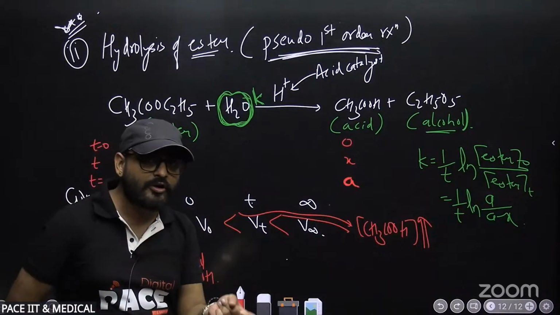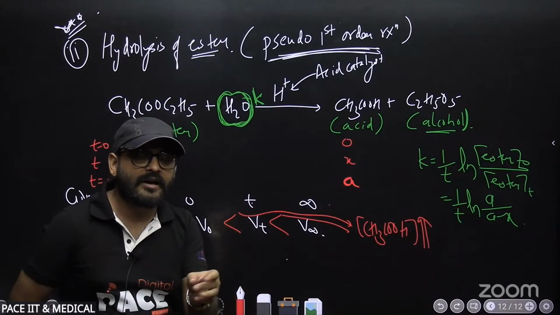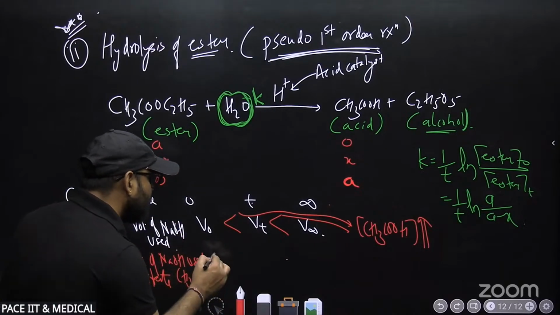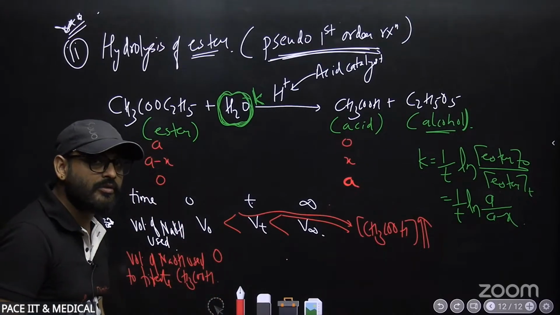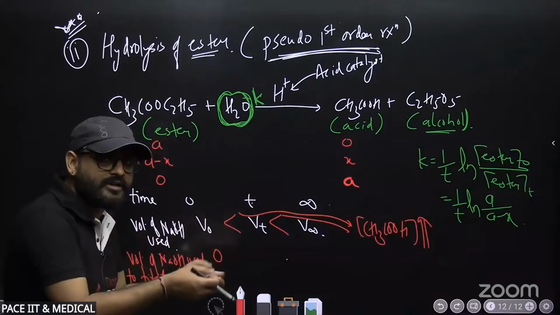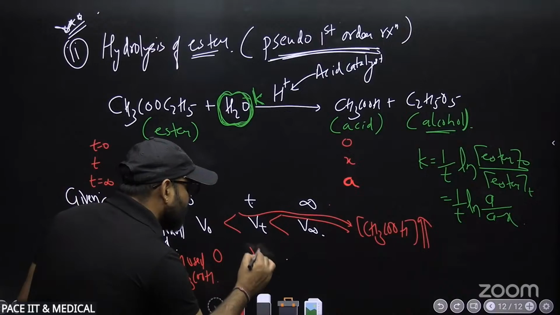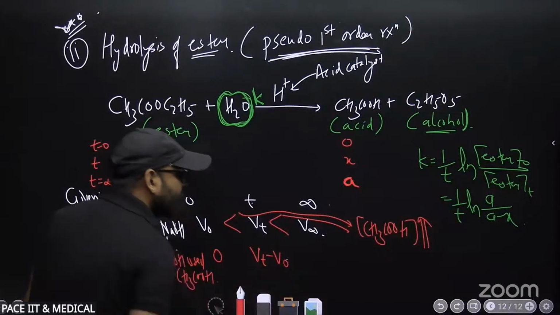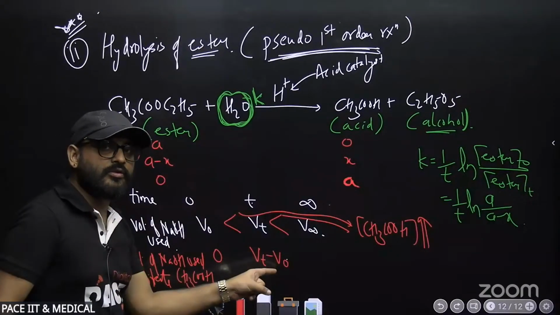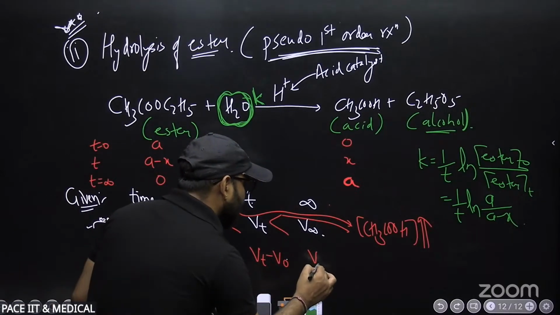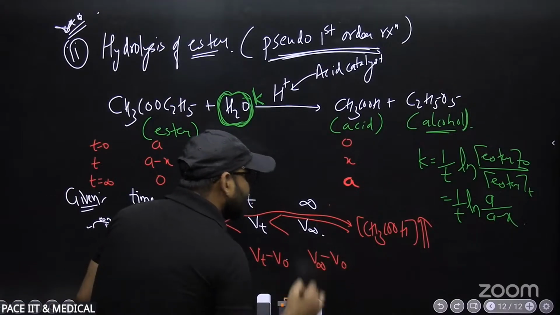So the remaining volume is used for titrating CH3COOH. What is the remaining volume? Here the remaining volume is 0 because the whole V naught is used to titrate H plus. Then here it is Vt minus V naught, because V naught is going to titrate the catalyst. Here it is V infinite minus V naught.